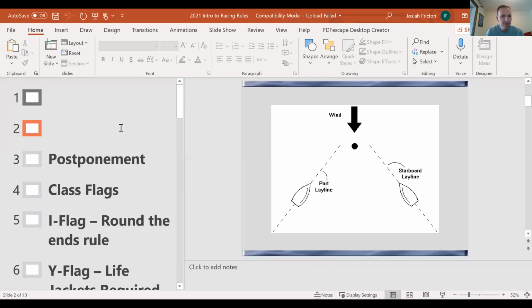Okay, can you guys see? No, you still can't see it. Resume share. How's that? Now can you see the PowerPoint? Nope. Oh, there it is.